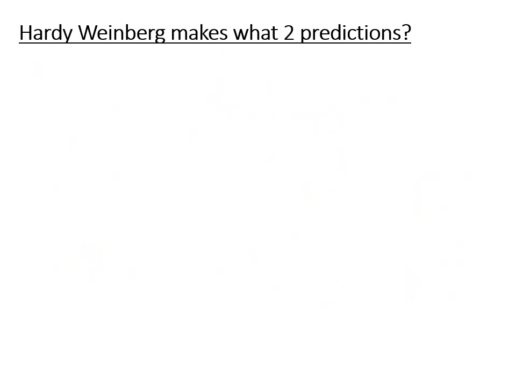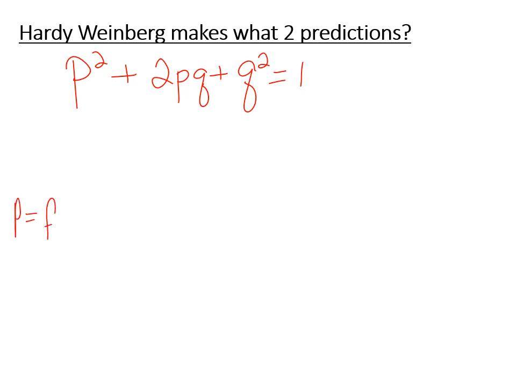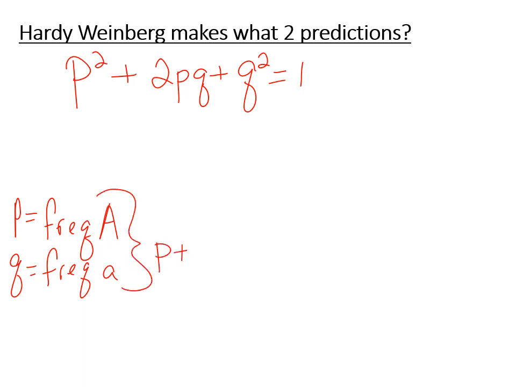If you have this equation, p squared plus 2pq plus q squared equals 1, right? And we just said that p equals frequency of allele A and q equals frequency of the recessive allele, right? Well, then p plus q must equal 1.